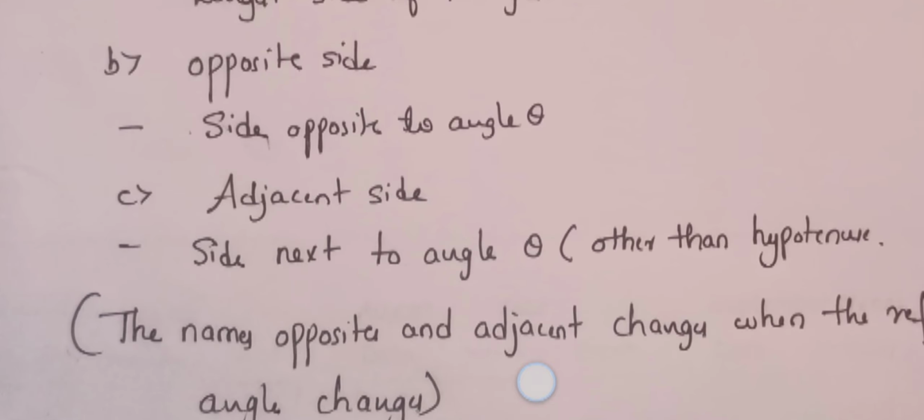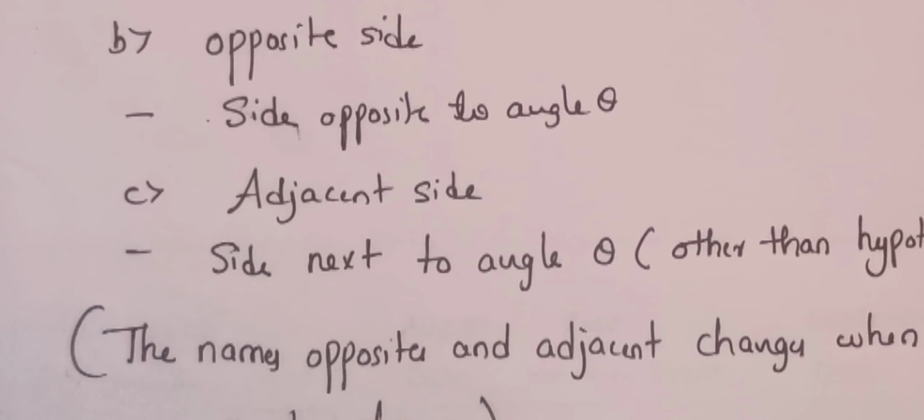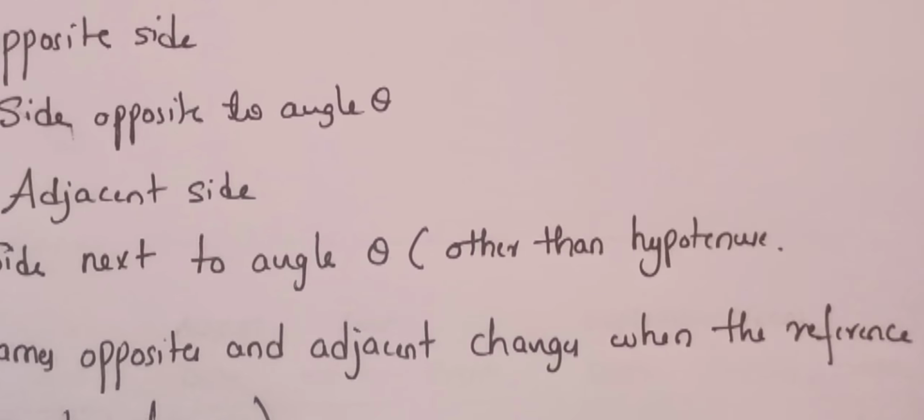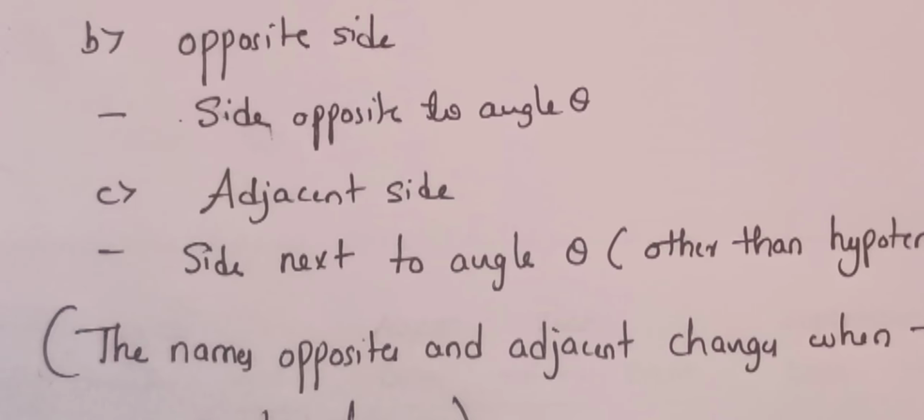In the triangle we have the opposite side. The opposite side is nothing but the side opposite to the angle theta. Sometimes they will not mention it like this. They will just give the second triangle or the first triangle. That time we have to refer to the angle. If theta is given at C, then the opposite side should be AB.